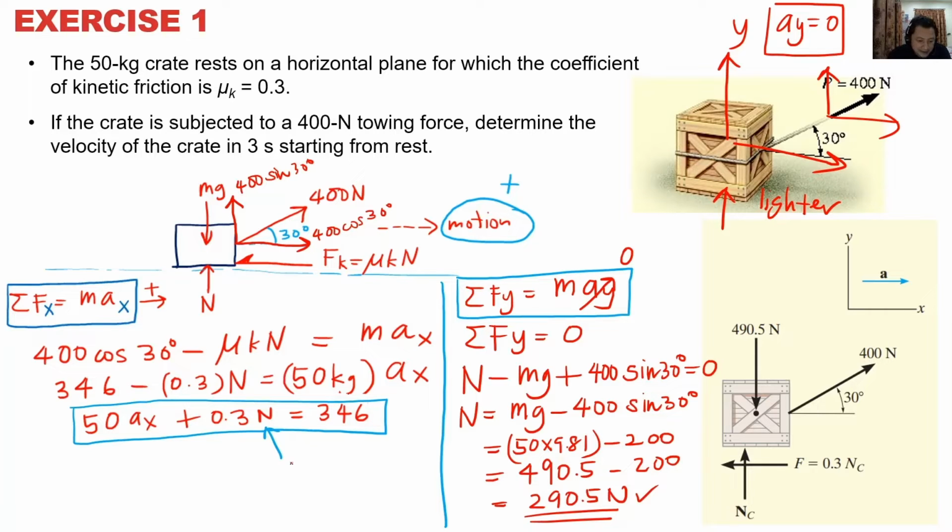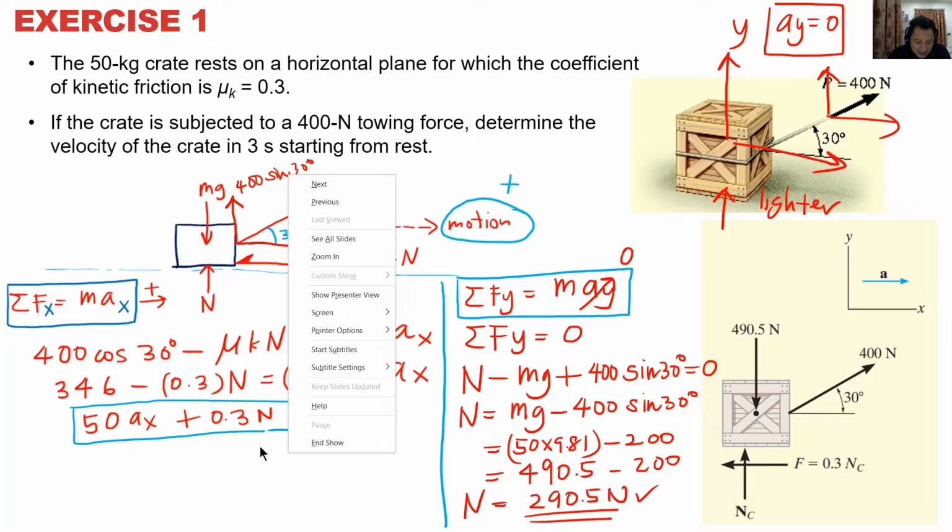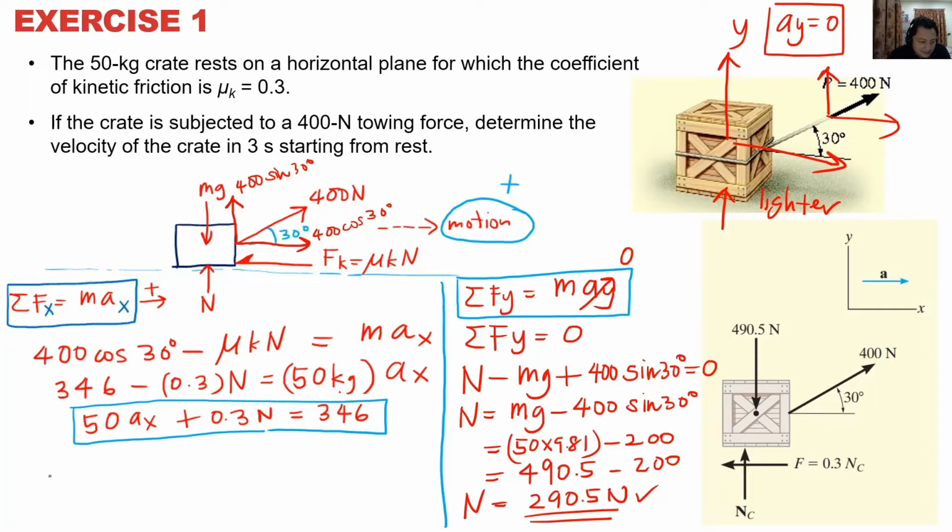So let's plug in this normal into this equation. 50 ax plus 0.3 times 290.5 equals 346.